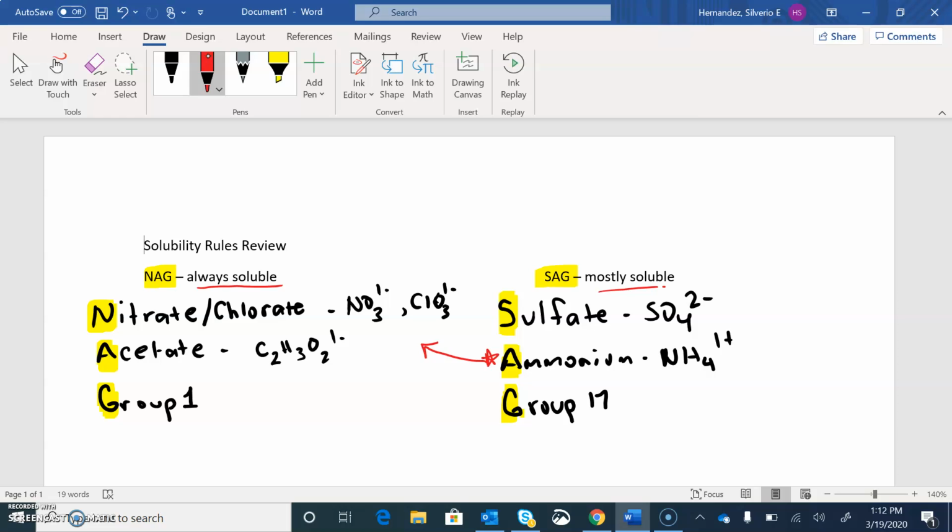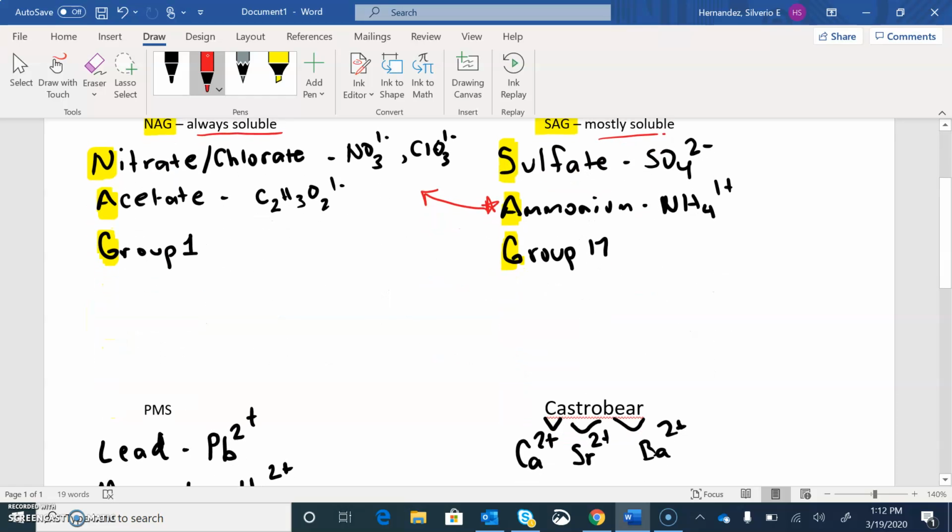So we're only going to really focus here on the sulfate and the group 17 ion. As I scroll down, I'm going to talk about what would cause the sulfate and that group 17 ion to precipitate out, to form a solid.